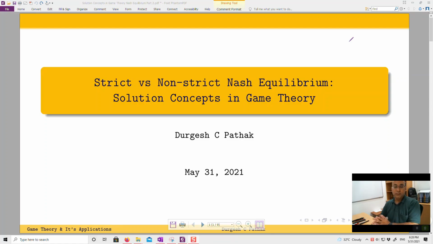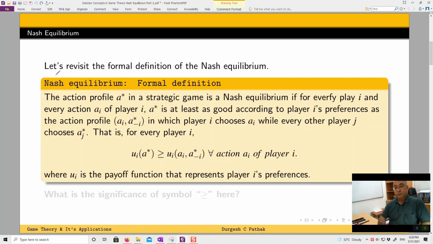So let's start with our idea of strict and non-strict Nash equilibrium. It's an interesting concept. This is a revisit of the formal definition of Nash equilibrium so that we don't miss anything.